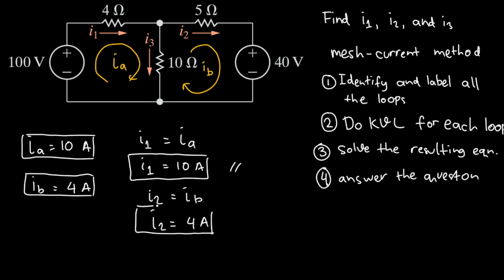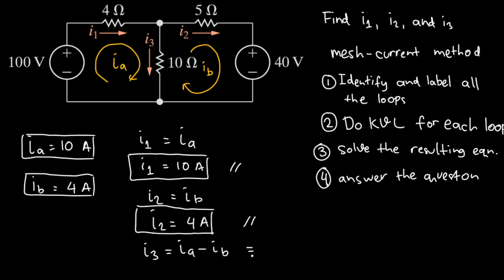Okay, nice number there. And then what is I3? I3 there is the current that goes down here that passes through this 10 ohm resistor. But then there are two currents that pass through this 10 ohm, and the one going down, or the same direction as I3, is IA, and the one that has the opposite direction of I3 is IB, so I put a minus sign there.